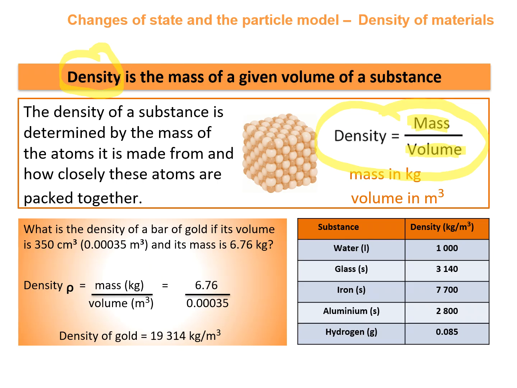Important that you remember, always convert the mass to kilograms and the volume to meters cubed. So in the example here, what is the density of a bar of gold if its volume is 350 centimeters cubed? First of all, that's converted into meters cubed, and the mass is already in kilograms, so that's fine.